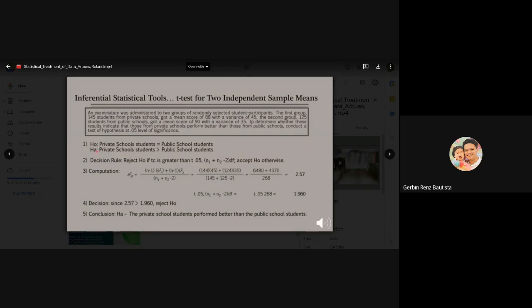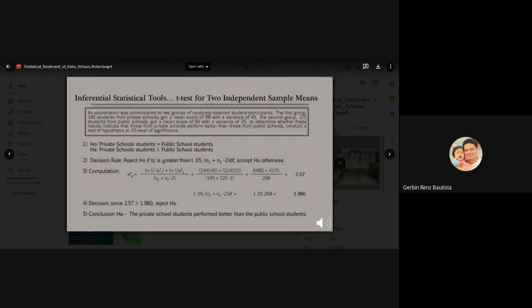The alternative hypothesis states that the private school students' performance is better than the public school students' performance. Our decision rule would be to reject the null hypothesis if the computed t-test is greater than the critical t-test and accept the null hypothesis if it is otherwise.